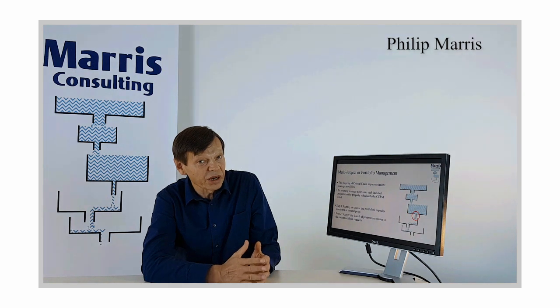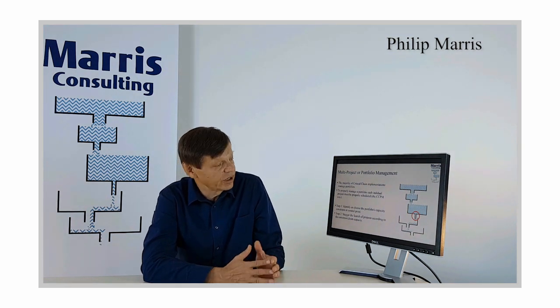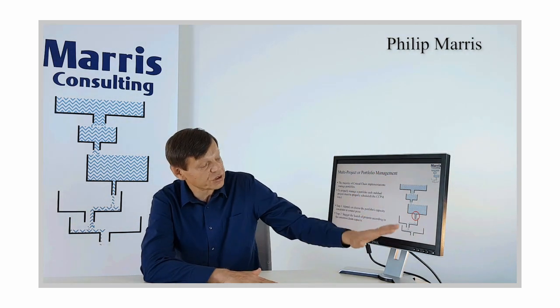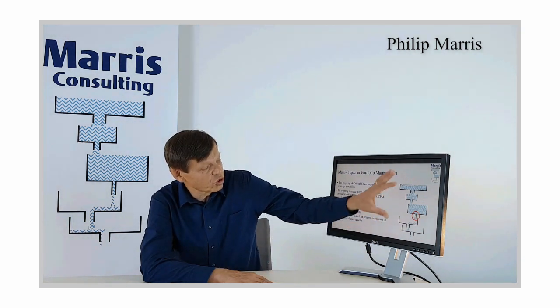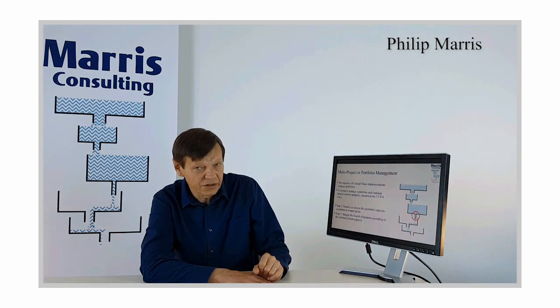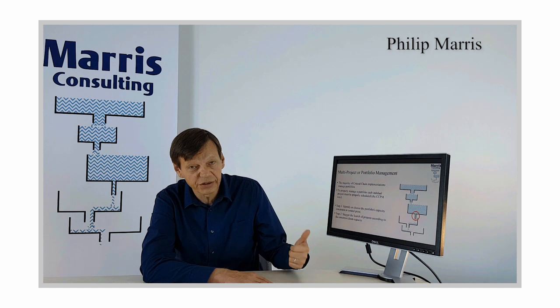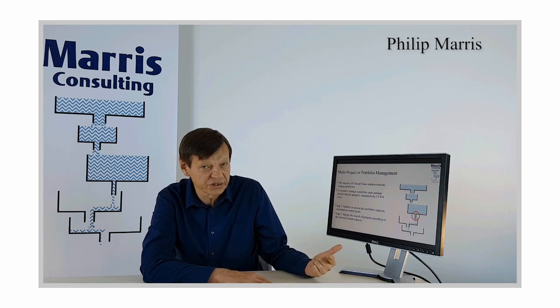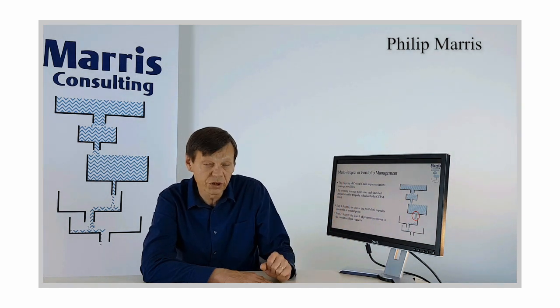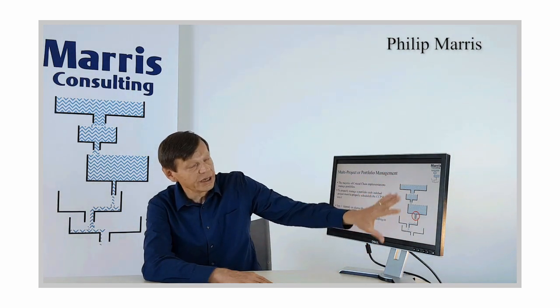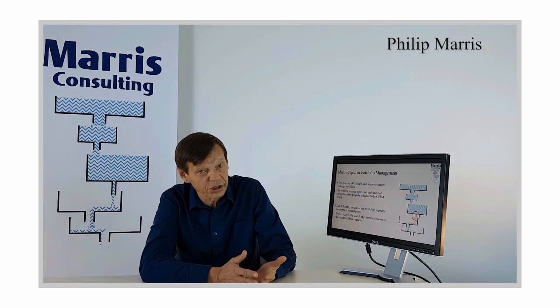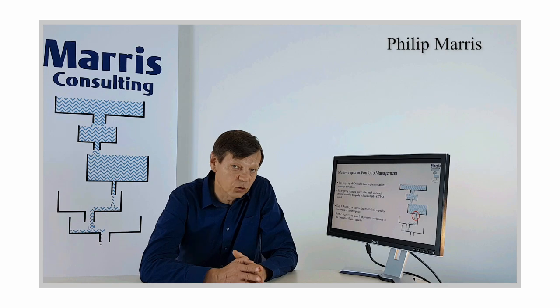And indeed, it might not even exist as such, in which case you need to choose within the system where the control point is. So step one, either find the constraint or decide at what point in the system you're going to control the entire portfolio. And step two is to stagger the launch of projects according to that constraint or control point.